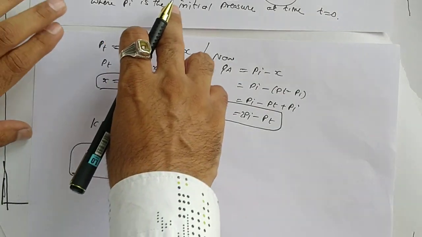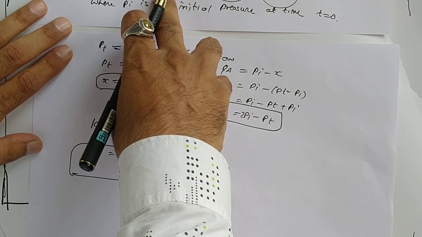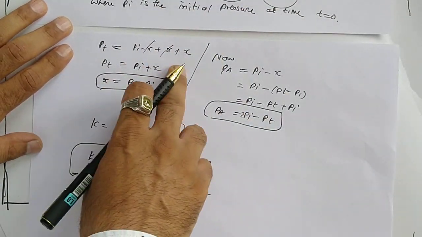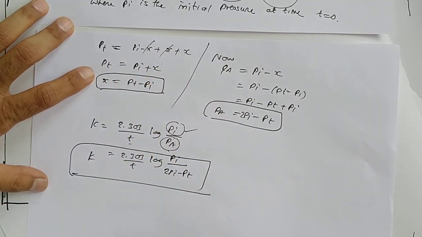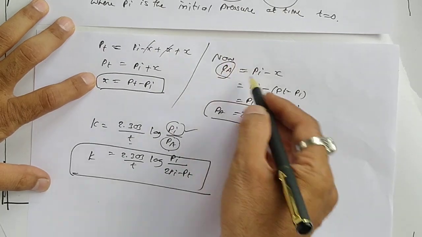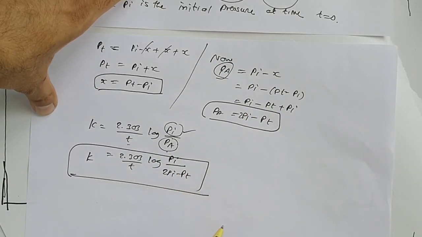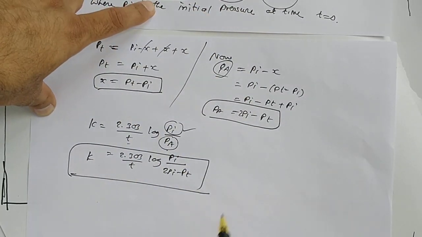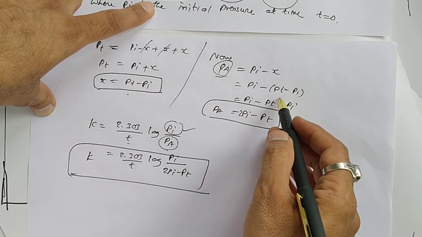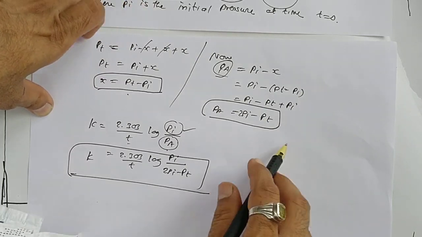Once again, total pressure is a total of Pi minus x, x, plus x. So Pt is equal to Pi plus x, so x is equal to Pt minus Pi. But what about Pa? Pa is Pi minus x, you can see, at T time. Put down the value of x, Pt minus Pi.